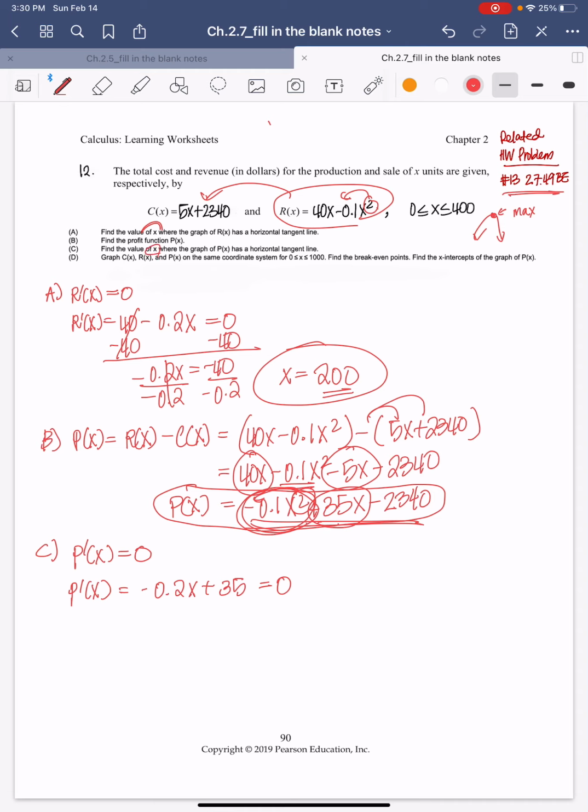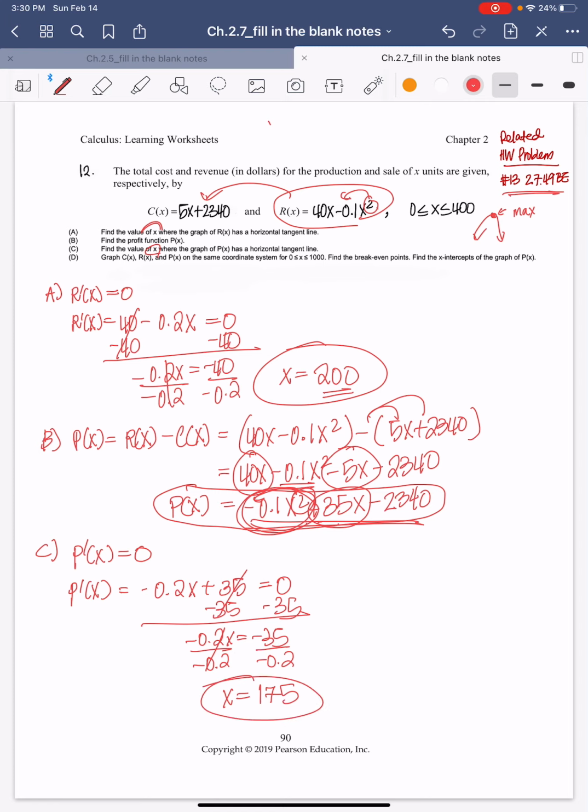Subtract 35, divided by negative 0.2. X is equal to 35 divided by 0.2. I'm getting x equal to 175.